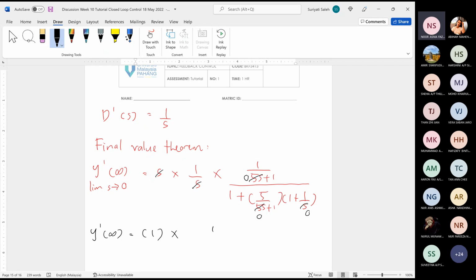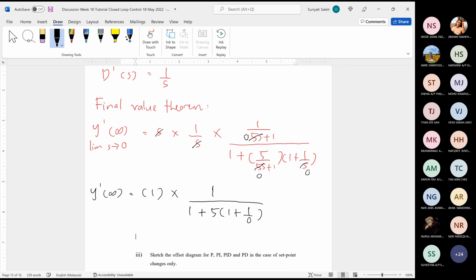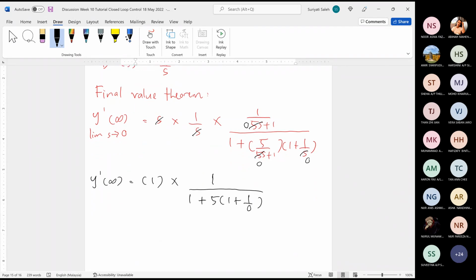Since s becomes 0, it is 1 divided by 1, so on the top you get 1. In the bottom, 1 plus 5 over 5s plus 1, times 1 plus 1 divided by 0. Still 5 over 5s plus 1: 5s becomes 0, 0 plus 1 becomes 1, and 5 divided by 1 is 5.